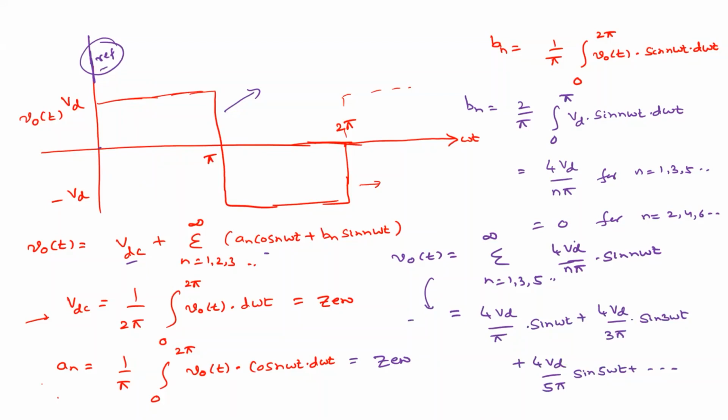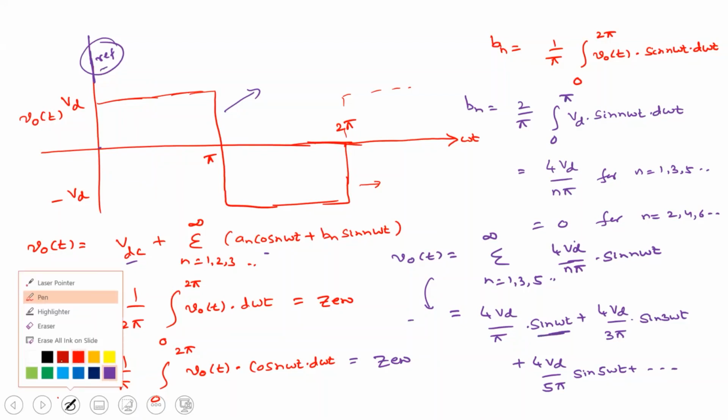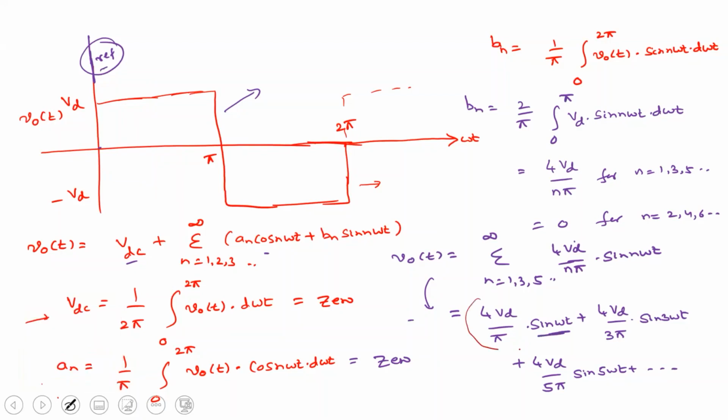So what you understood is that this omega t component is the fundamental, right? So this is the fundamental. The rest of the terms are harmonics. What kind of harmonics exist? We have third order harmonic, fifth order harmonic, similarly seventh.